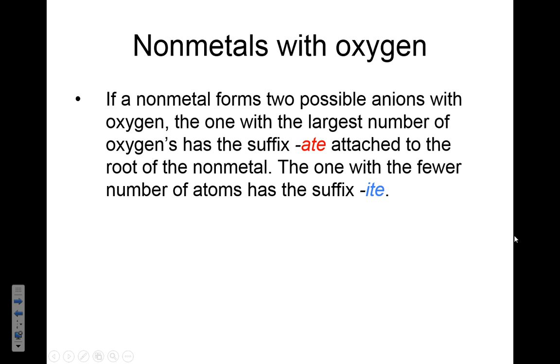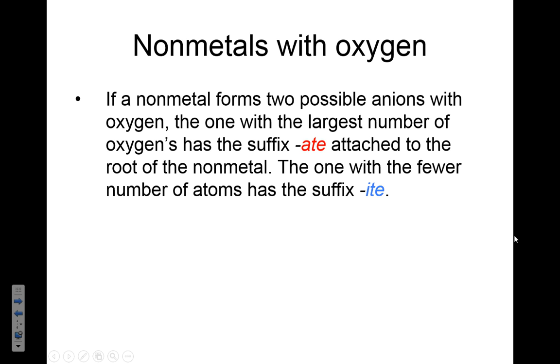Now, next one, a really important set here that we're going to use in a couple of different ways, dealing with families. Before we get into that, you need to understand that there are many polyatomic ions that are oxyanions. In other words, it's an anion and they've got oxygen in them. So we have some metal or nonmetal, and with it we're sticking some oxygens, and we're making a polyatomic ion.